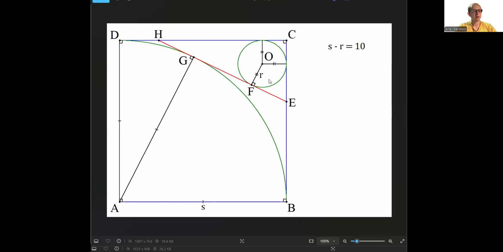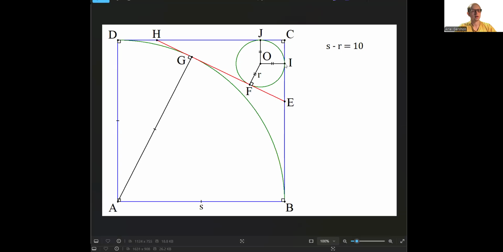And then I focused on the smaller circle here, and we see that the smaller circle touches the side length BC and the side length CD. So I drew two line segments from the center of the small circle to each of those sides, the point of intersection between the circle and each of those sides.